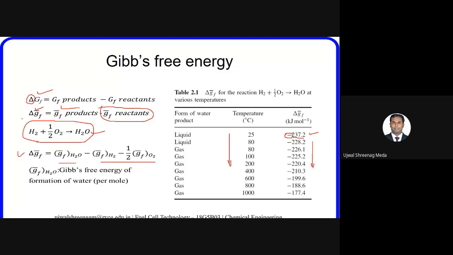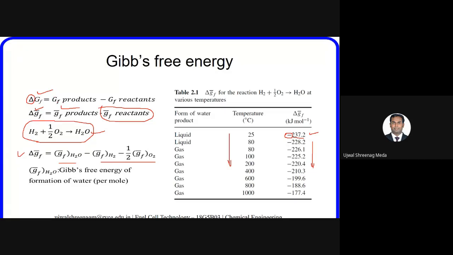And when we try to find out the Gibbs free energy of formation, it is actually the change in Gibbs free energy of formation that we can effectively utilize. So how to calculate the change in Gibbs free energy of formation? It is the Gibbs free energy of formation of products minus that of reactants. G is the representation for Gibbs free energy.